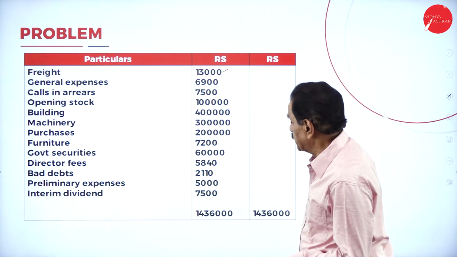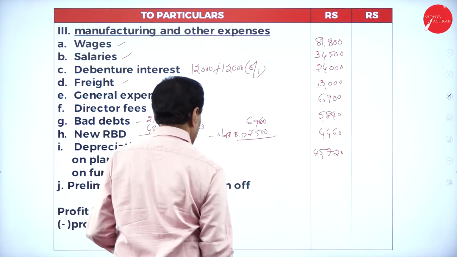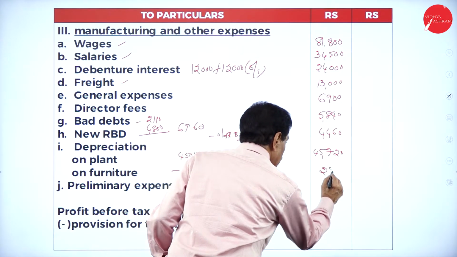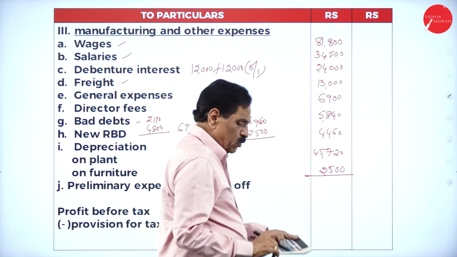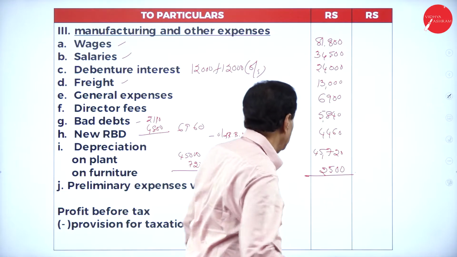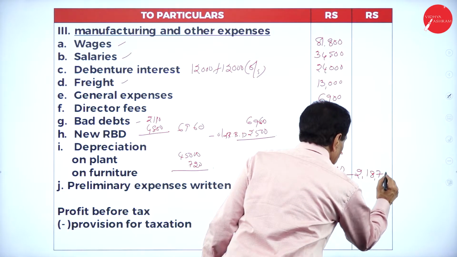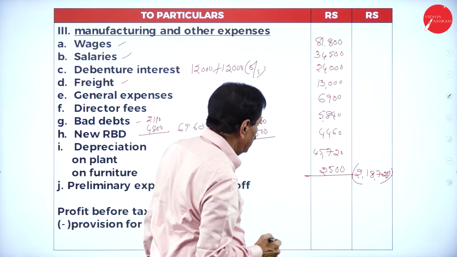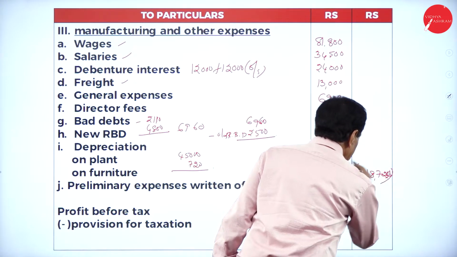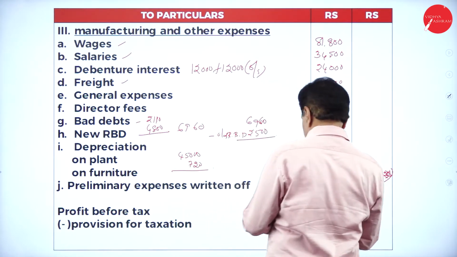Your preliminary expenses is 5,000. Written off half means 2,500. Add the figure. 2,18,720. Add the figure and bring out the difference.